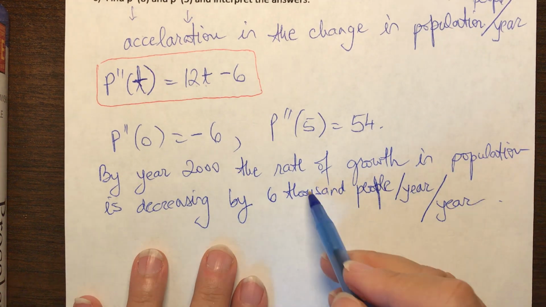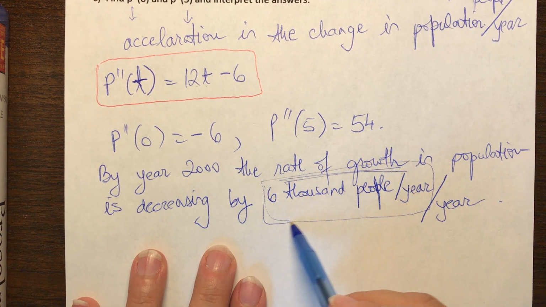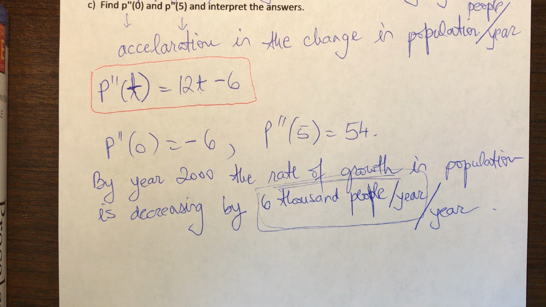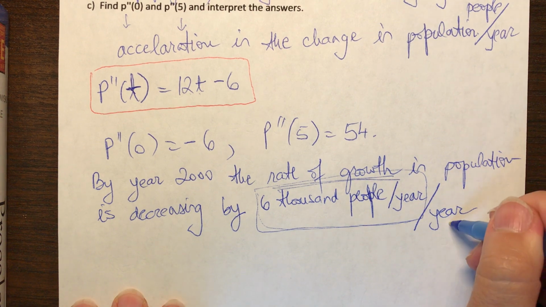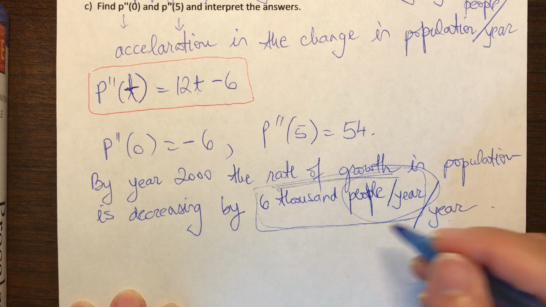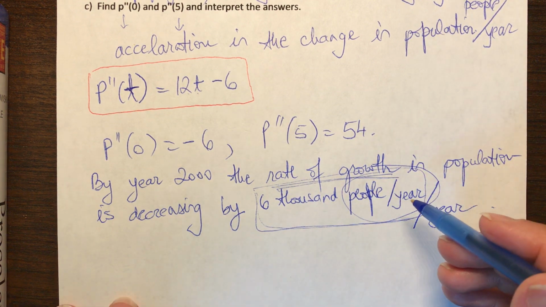So it's the rate of growth that is changing. That's the rate of growth, people per year. So that rate of growth is going to go down initially by about 6,000 people per year. I just said initially it's going to go down the first year by 6,000 people.